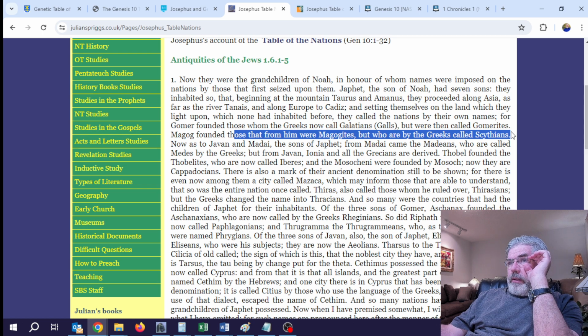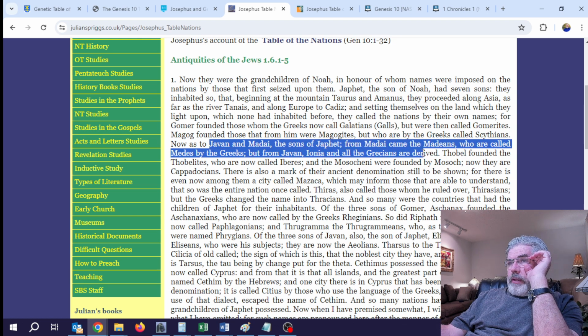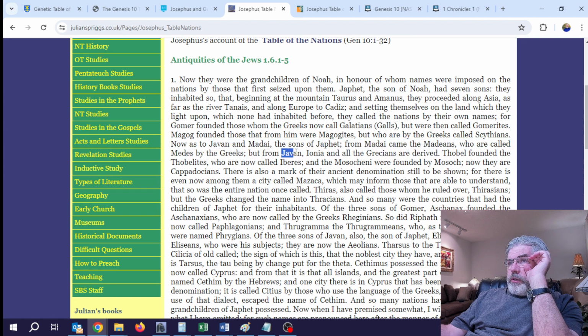So Magog is Russia. Now, as to Javan, everybody knows whose that is. That Javan is Greece, okay, and the Madai is the Medes. So Madai came from the Medians, who were called Medes by the Greeks, but from Javan, Ionia, and all the Grecians are derived. And so when you see these names, we know for sure Javan is the Greeks from Japheth.